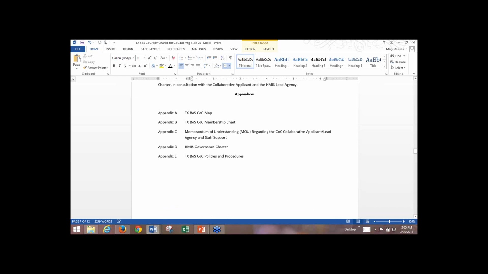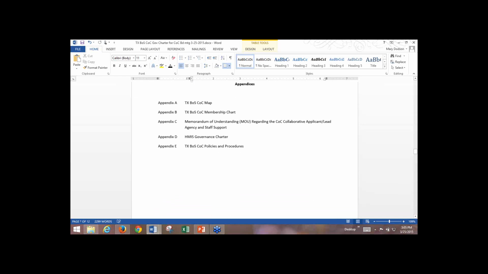And we've got some appendices, some things you've already seen: the Texas Balance of State COC map, the membership chart, the memorandum of understanding for the lead agency, which we'll go over in a few minutes, the HMIS governance charter, which is actually currently being updated, so it's not included right now, and the BOS COC policies and procedures, which are not finished yet either.